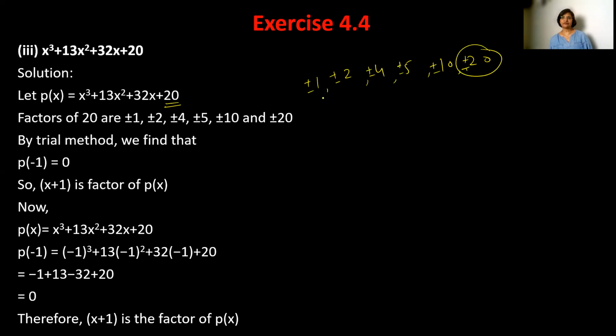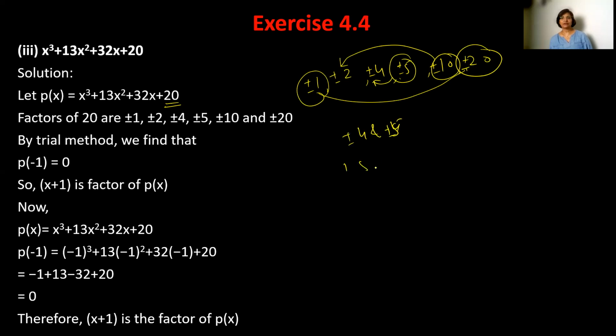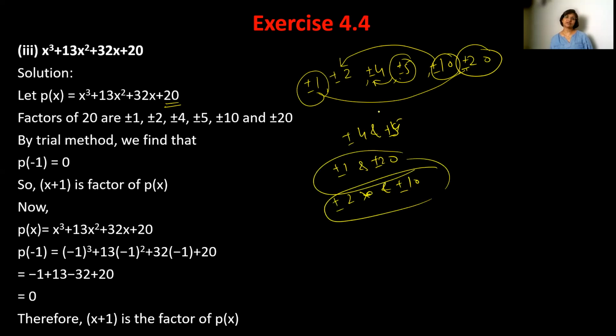If you take 1 and 20, these two you can take, right? If you take 10 and 2, you can take. If you take 5 and 4, you can take. So 4 and 5 could be there, plus minus, 1 and 20 could be there, plus minus, or 2 and 10 could be there, plus minus. So these are the possible factors.